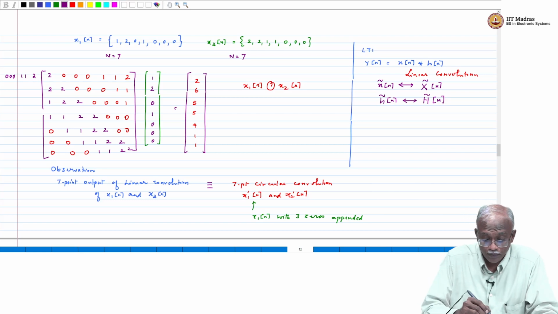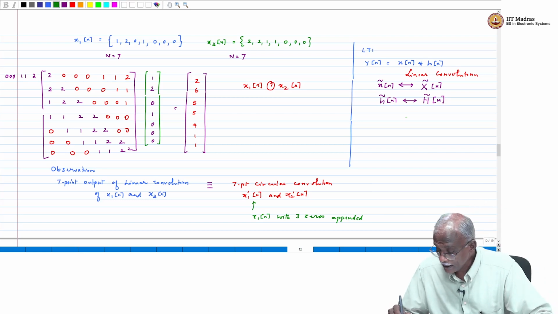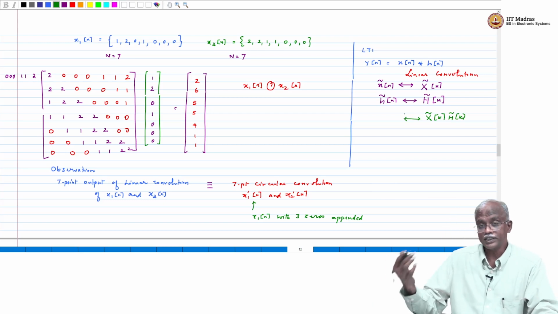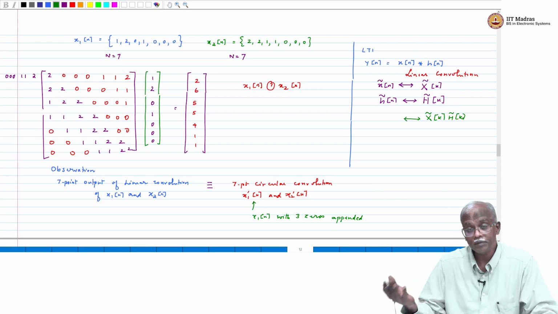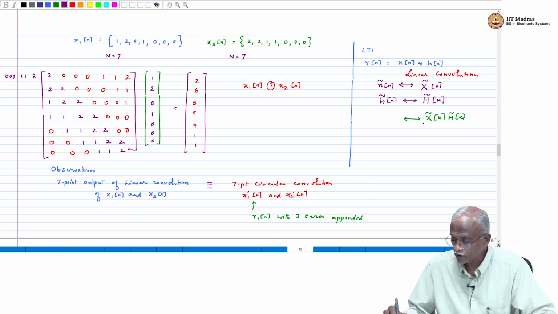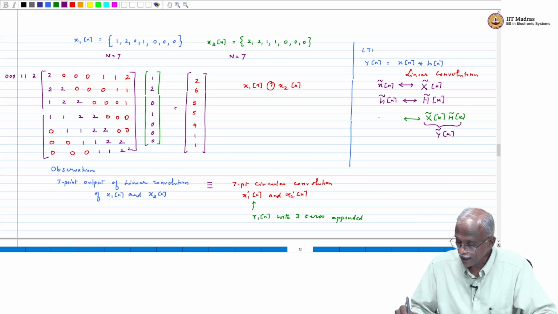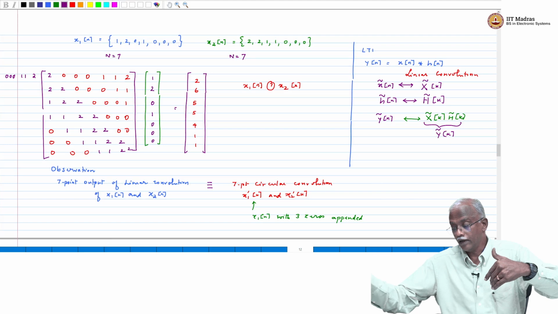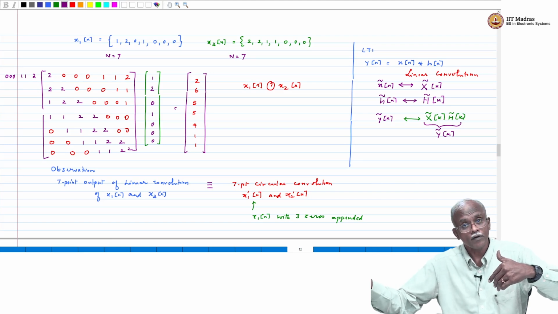Okay. Now, I can easily compute x tilde of k times h tilde of k, the multiplication, and then I can compute the inverse discrete Fourier series, or basically the synthesis equation, and this will give me y tilde of n. Okay, so rather than do the convolution in the time domain, I would prefer to do it in the frequency domain.